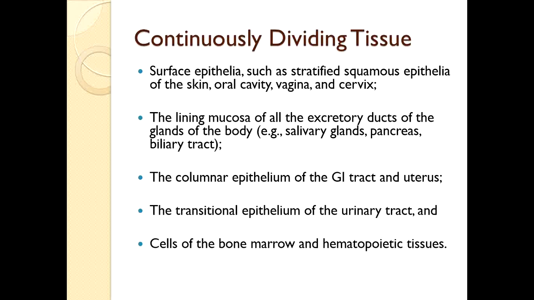For example, the surface epithelium of the skin, oral cavity, vagina, and cervix, the lining mucosa of all the excretory ducts of glands, for example, the salivary glands, pancreas, biliary duct, the columnar epithelium of the GIT and uterus, they are continuously being replaced. The transitional epithelium of the urinary tract and the cells of the bone marrow and hematopoietic tissues, all of these cells and tissues are continuously being replaced.